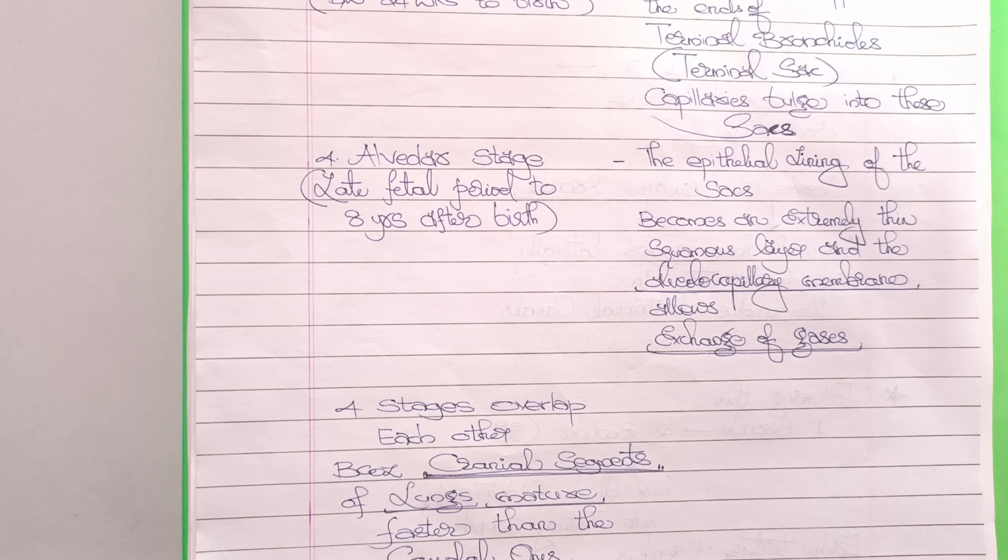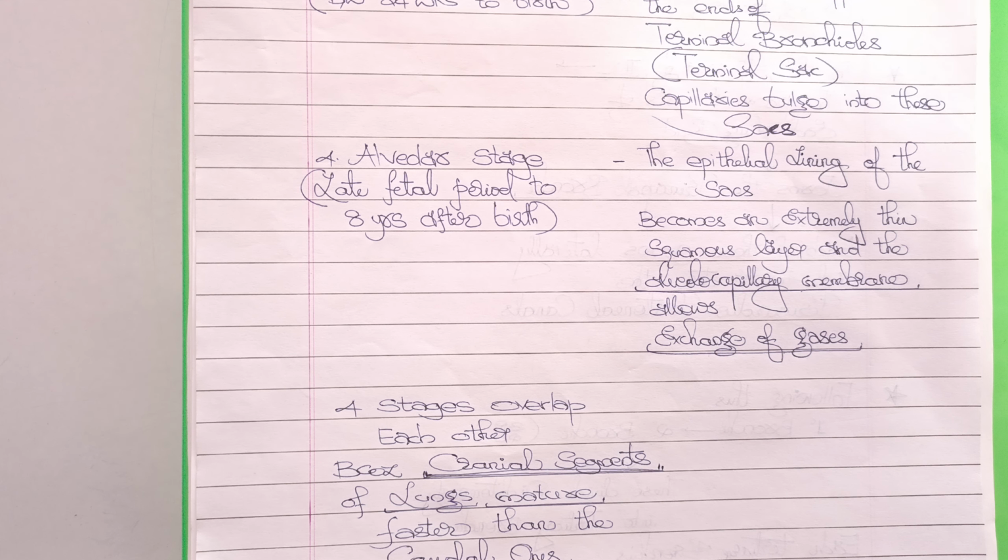So there are mainly four stages. First one is the pseudo-glandular stage. The second one is the canalicular stage. The third one is the terminal sac stage. And the fourth one is the alveolar stage.